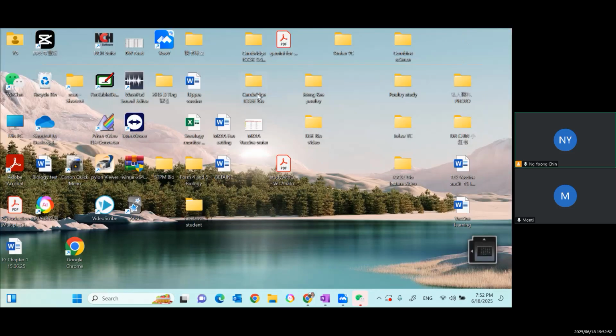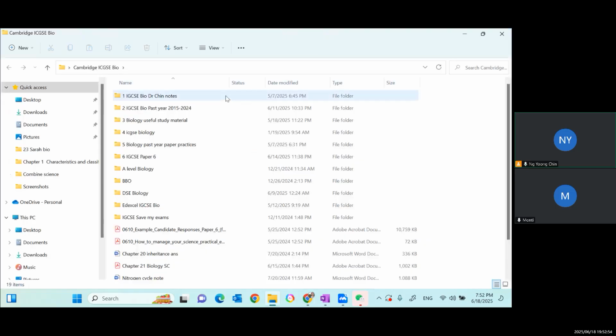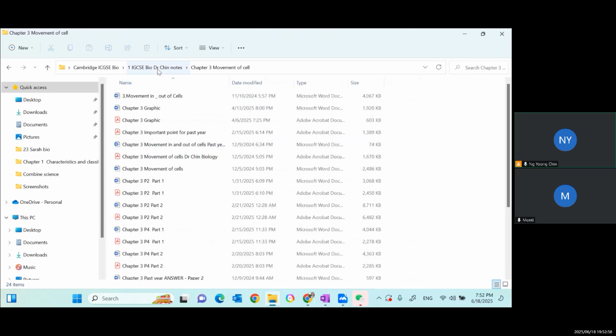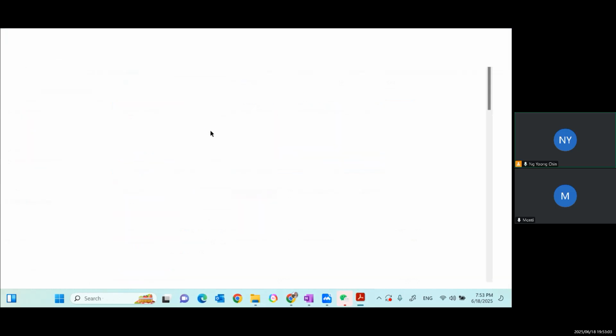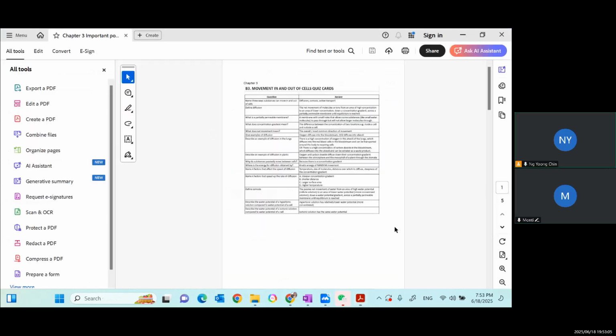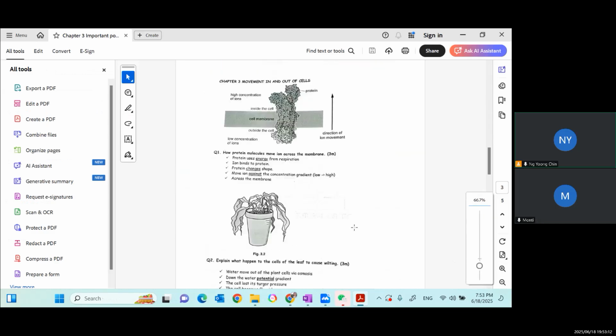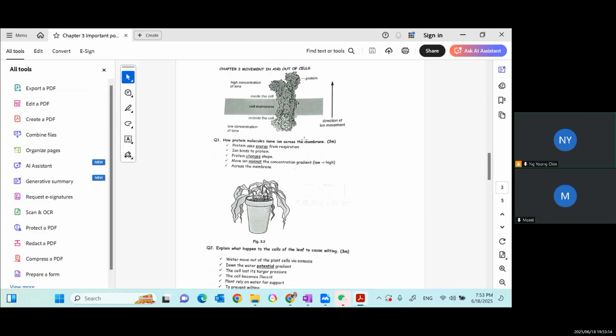For example, I can show you another topic. Maybe I show you chapter 3, some of the important notes. This is the quiz card, and this is an example of the common questions for paper 4 in this topic.